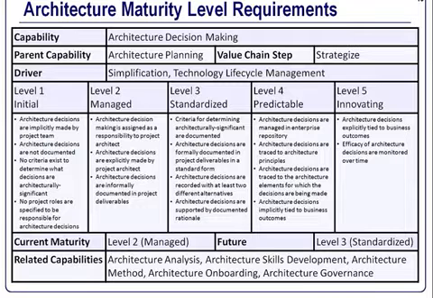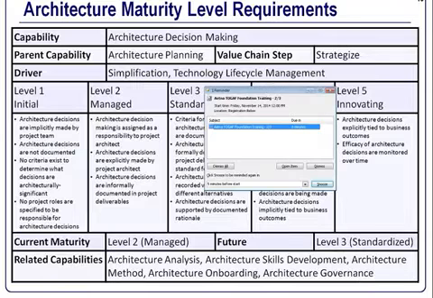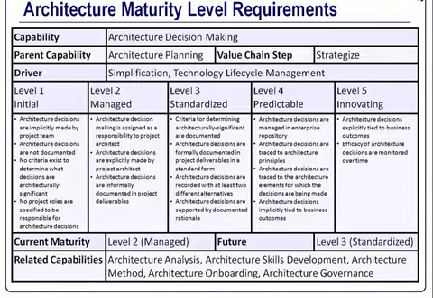And then we can make an assessment based on these requirements. What is the current level of maturity, and what is our future desired level of maturity? And then similarly, what other related capabilities are we probably going to have to make some investments in to uplift the architecture decision-making capability?